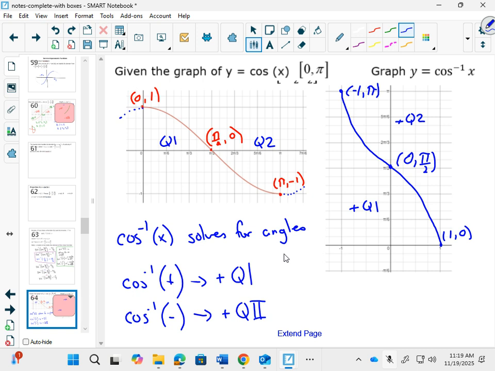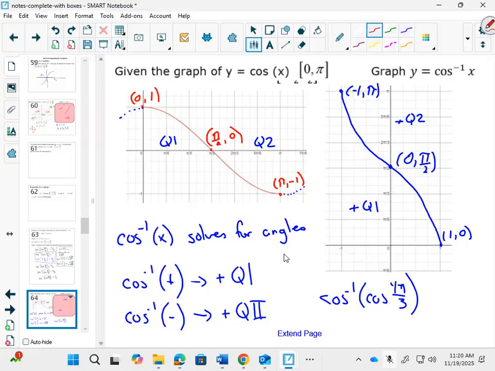So if I asked you cos inverse of cos of 4 pi over 3, you know your answer is going to be part of your pi over 3 family because that's your reference angle. Is cos of 4 pi over 3 positive or negative?